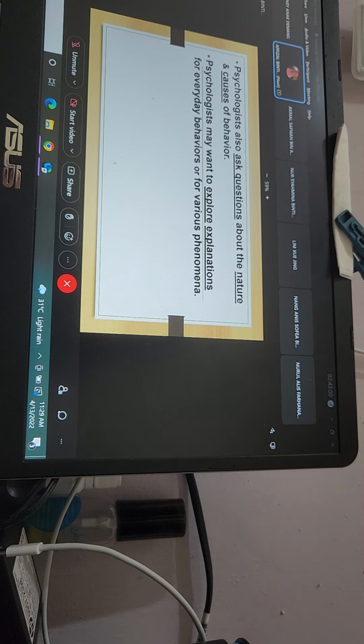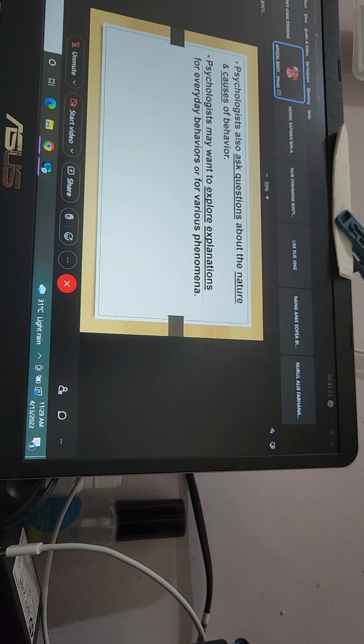Psychologists also ask questions about the nature and causes of behavior. We are not talking about the behavior itself, but we are talking about the nature. For example, the pasar malam, the night market. There are so many people in the night market. What led them to go to the night market?